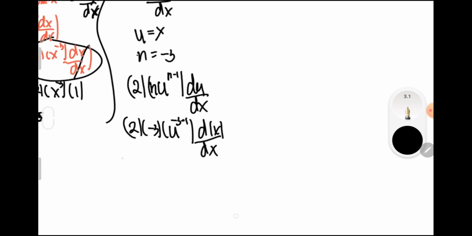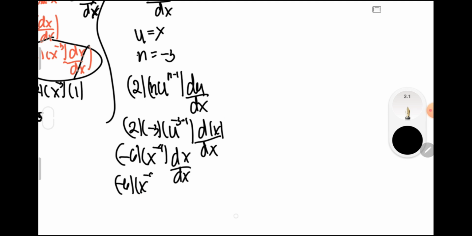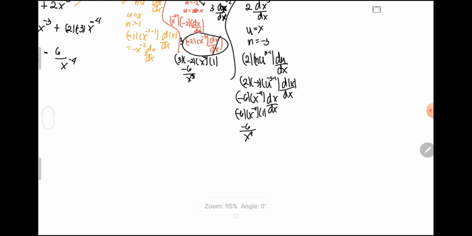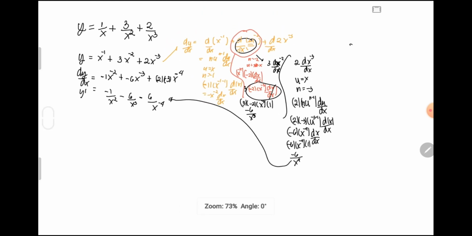So you'll have a value equal to negative 6 multiplied by x raised to negative 4 multiplied by 1. So from this, we may write it as negative 6 all over x raised to 4. So that would be that term. Okay, that is our example number 2.